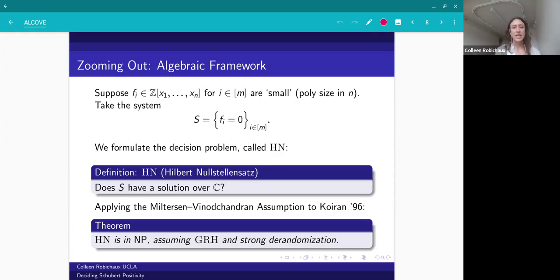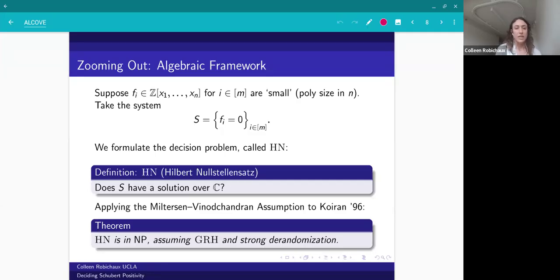And so we could look at this class of problems called Hn. That is the decision problem of saying, I have this input system of polynomials where I don't have too many polynomials, and these polynomials are small to represent. And I could ask the question, does this system of equations have a complex solution? That's just a natural family of problems to ask.